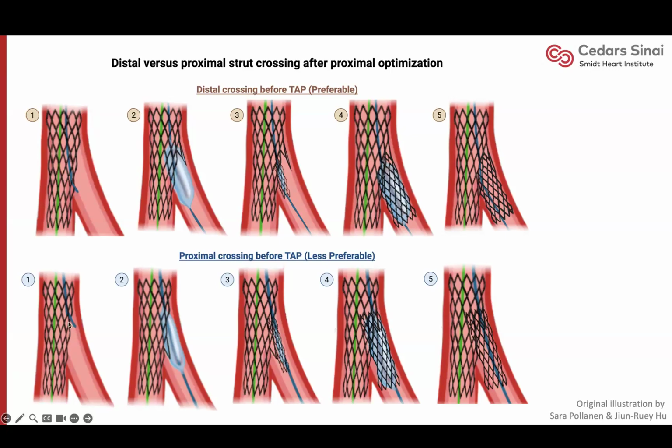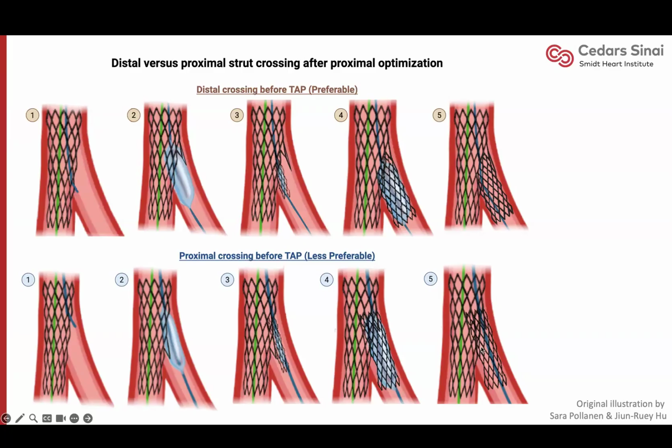In the bottom row, you'll see the consequence of proximal crossing before TAP, which is less preferable. Rewiring through the main vessel struts done through a proximal cell leads to subsequent balloon dilation that deforms the main vessel stent at an angle that opens perpendicularly into the side branch wall rather than into the side branch lumen, as you see here, such that subsequent delivery and deployment of the side branch stent in this TAP technique results in a final result with a significant undesired protrusion of the side branch stent in the main vessel.